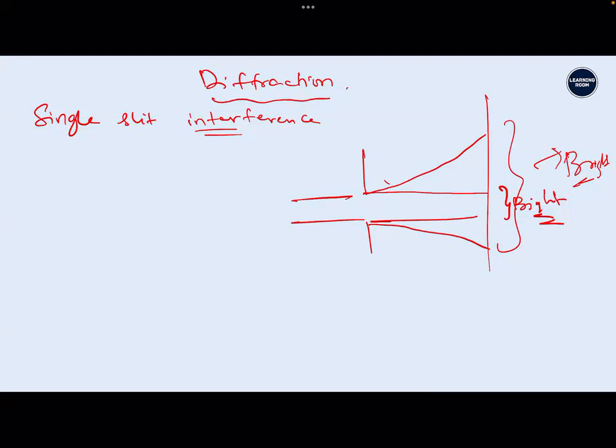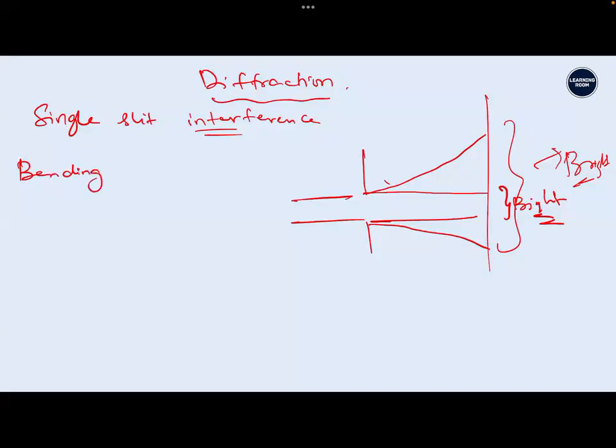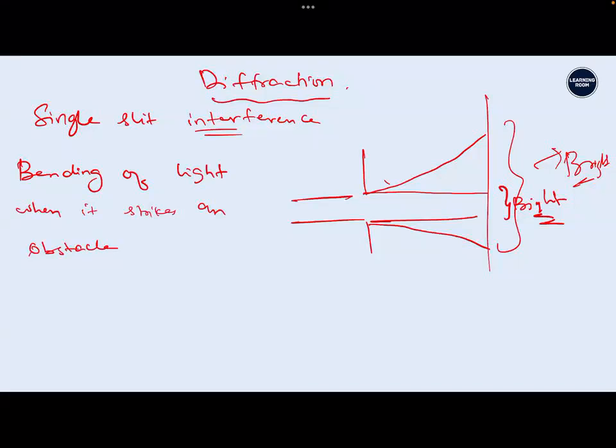The bending of light when it strikes an obstacle is called diffraction. There is a difference between diffraction and refraction. In refraction, light moves from one medium to another, but here it is happening within the same medium.